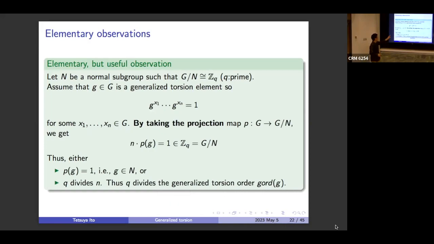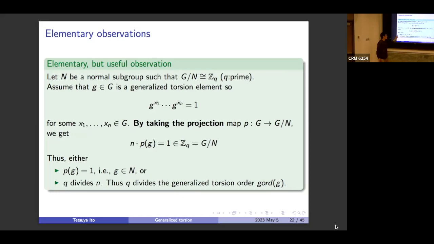Then, by taking the quotient map, this equation becomes a very simple form: the n-th power of the projection of g is equal to 1 in the finite cyclic group G over N. This equation is very hard to solve in G, but very easy to solve in the quotient. In particular, we conclude that g to the q is 1 in the quotient. This means that g lies in the smaller normal subgroup N, or that the order n is divisible by q.